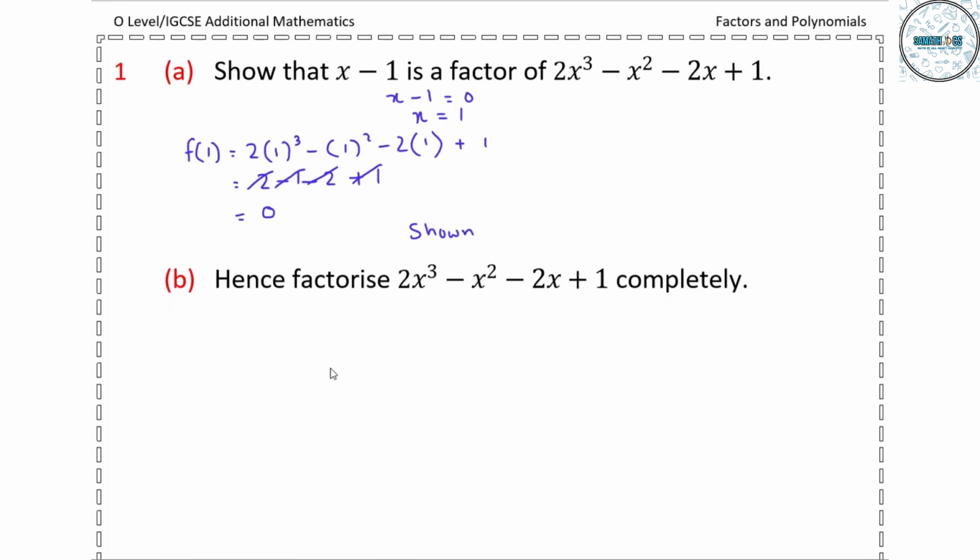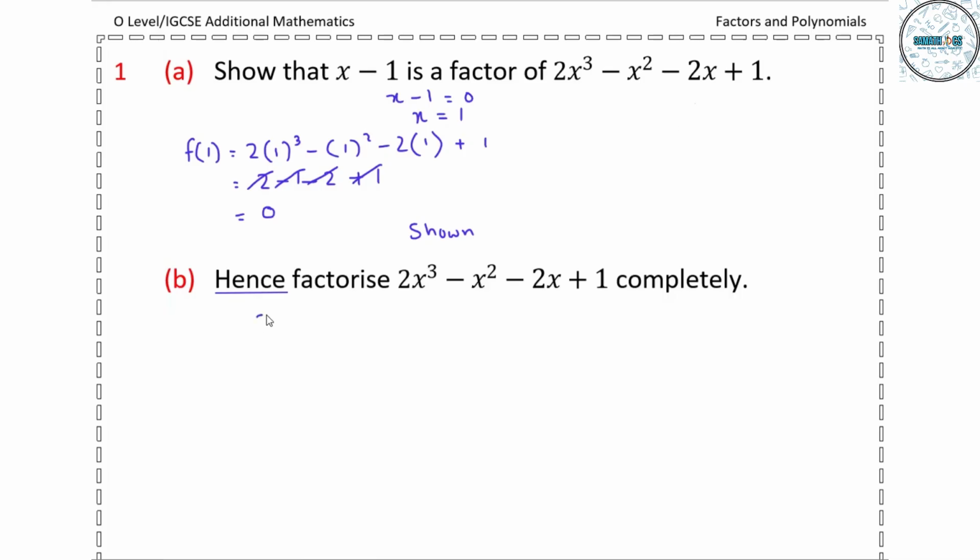Part B, hence factorize 2x cubed minus x squared minus 2x plus 1 completely. If it says hence, it means that we have to use the result of the previous part. So in the previous part, we have shown that x minus 1 is a factor of this.